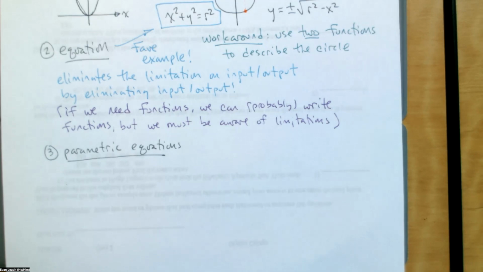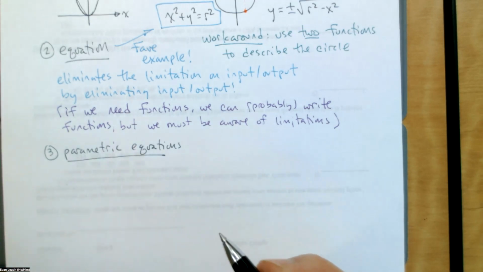The advantage of using parametric equations is that the x and y are defined independently of each other and written as functions of some parameter that sits outside of the x and y coordinate system.